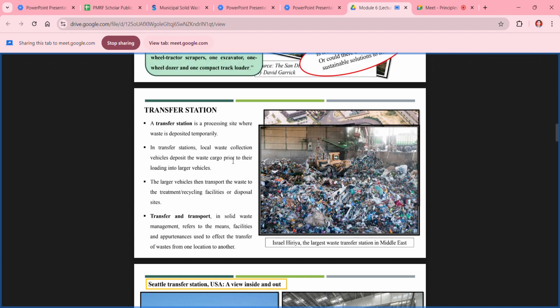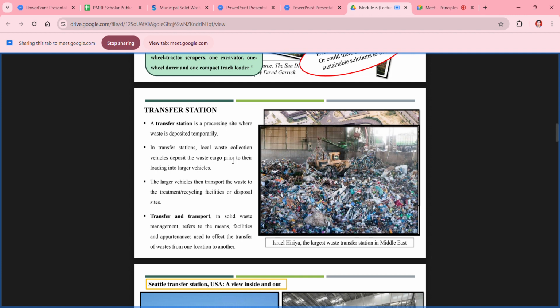If we were talking about 6 cubic meter volume trucks during the hauled container or stationary collection system, from the transfer station we will use even bigger trucks, like 18 or 24 cubic meter trucks, to transfer that waste to the landfill or the MRF, material recovery facility.